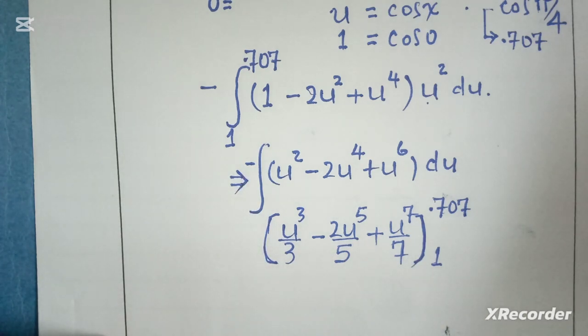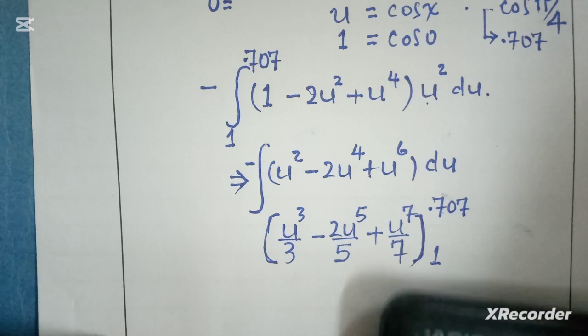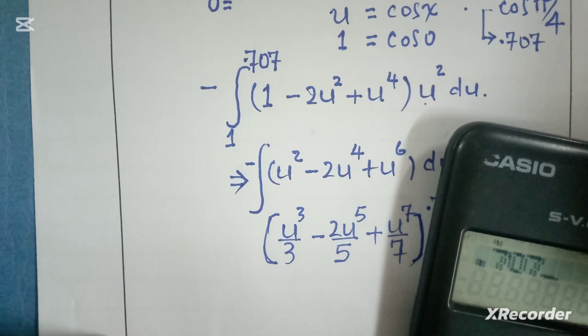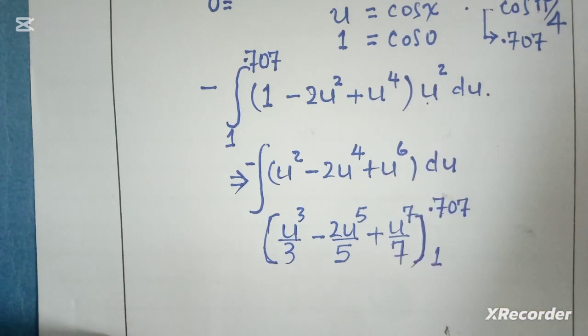So we shall come and say 0.707 cubed, raised to 3, equals to that divided by 3, equal to that 0.117. Maybe guys, I can do this one offline and then I come back to you.